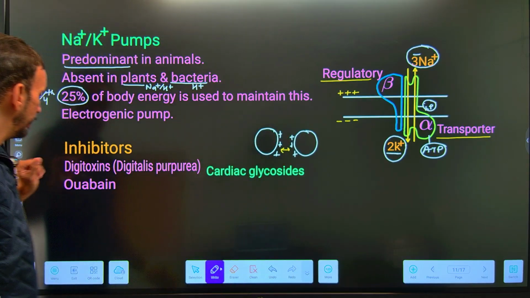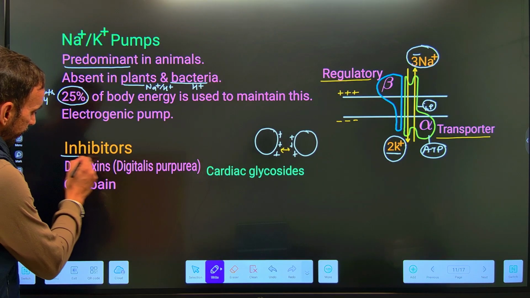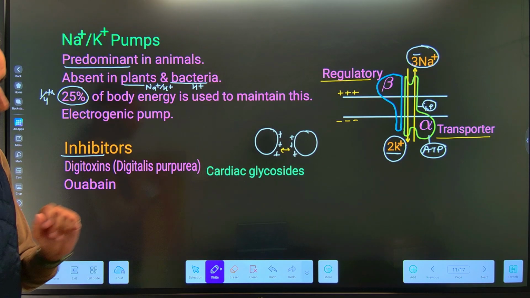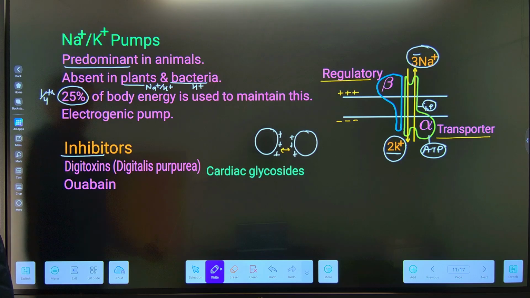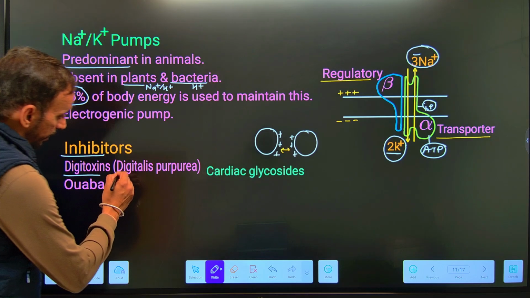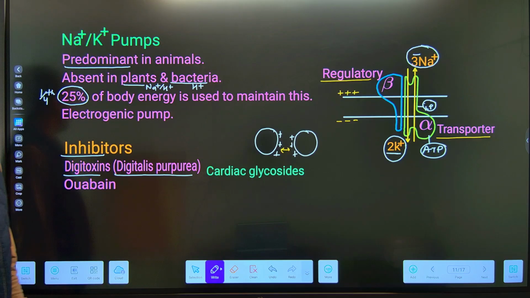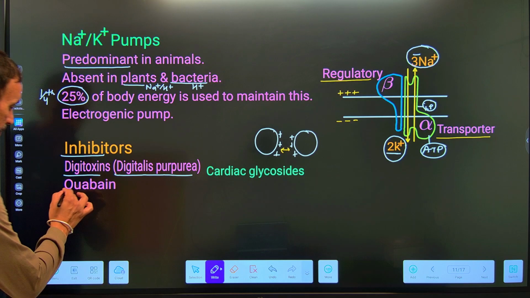And next are the inhibitors. There are some inhibitors which inhibit the functioning of this sodium potassium pump, and these are digitoxin, which is obtained from the Digitalis purpurea plant, and another one is ouabain.